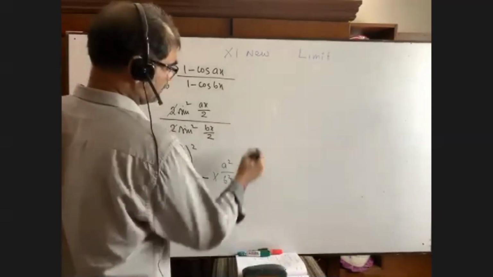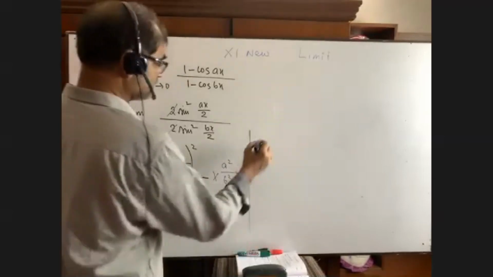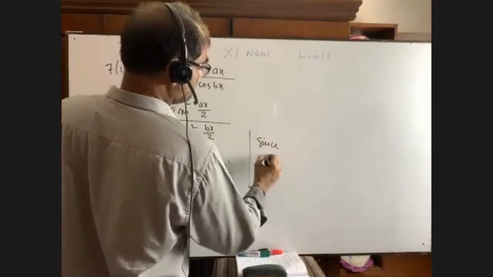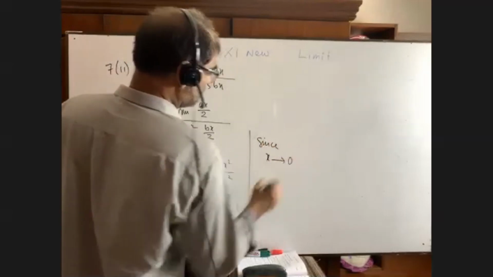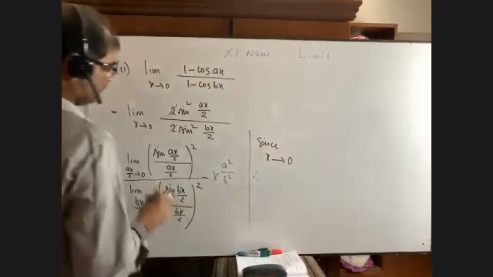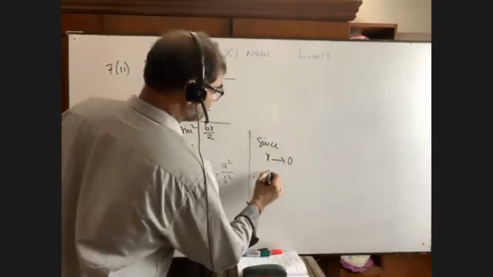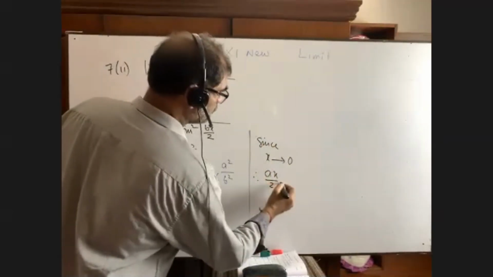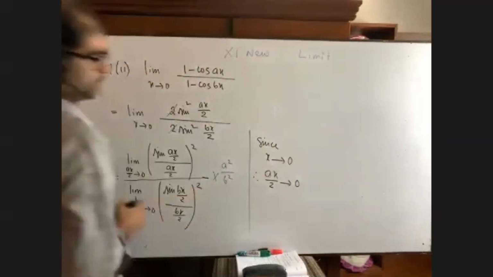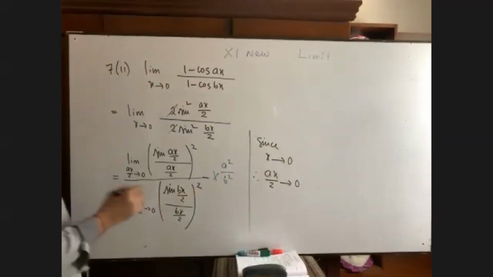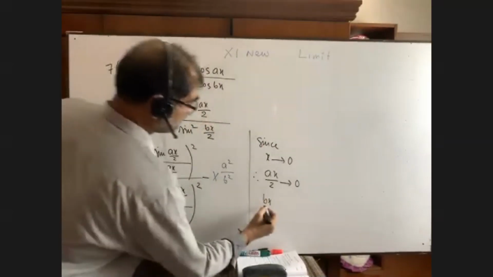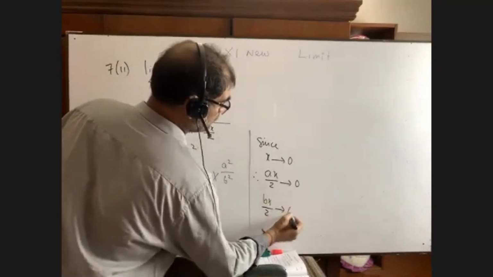Otherwise, you cannot put into formula. Since x tends to 0, therefore if x is 0, then ax is also 0, then ax by 2 is also 0. If x is 0, then bx is 0, that is bx by 2 is also 0.